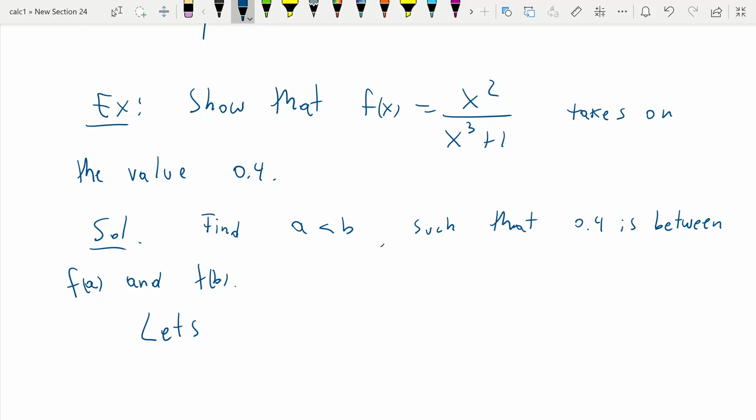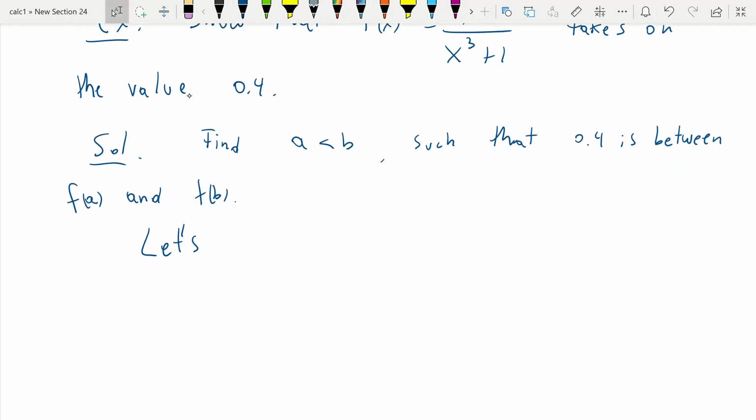So we have found 2 points, such as the values of the function. These 2 points are respectively smaller and greater than 0.4. So let's try a equals 0 and b equals 1.